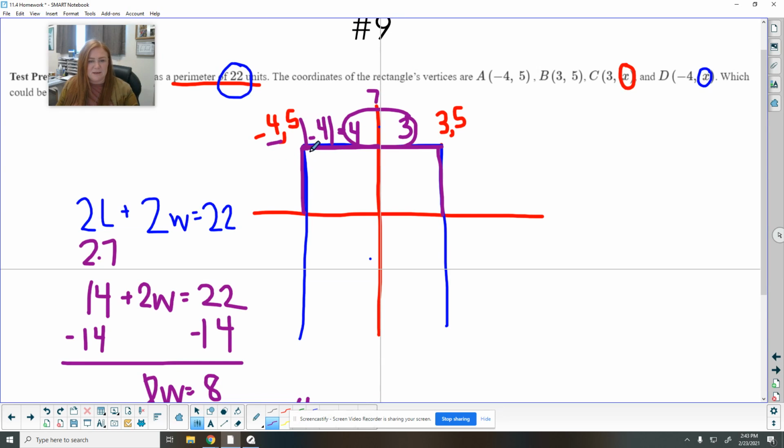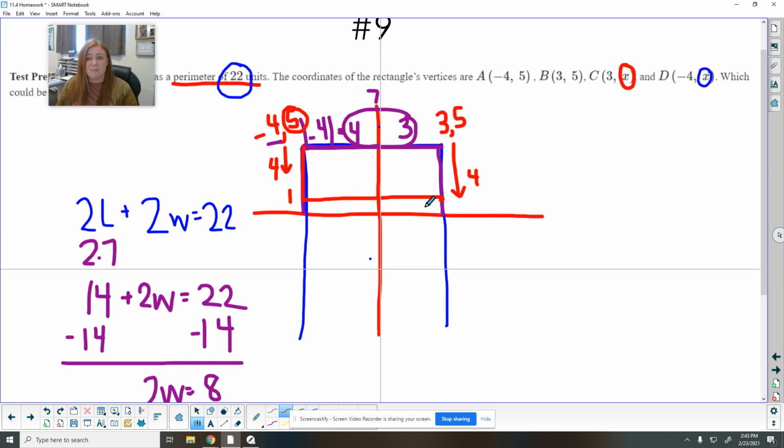Let me try that again. We want to go down 1, 2, 3, 4, and I was already at 5. I'm going to go down, and I'll be at 1 now. So I went down 4, and I need to go down 4 over here. So I was up 5, down 4 puts me at 1.